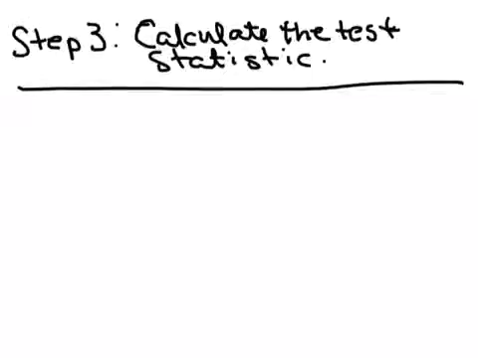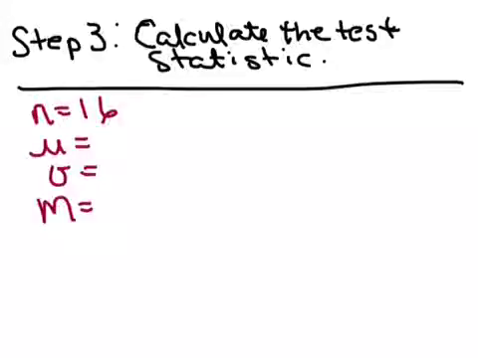Step 3 is calculating the test statistic. We need to go all the way back to the first information. I do remember the N was 16. We need to get our mu, which is the population mean, our standard deviation, as well as our sample mean. So I'm going to go back and put those in.